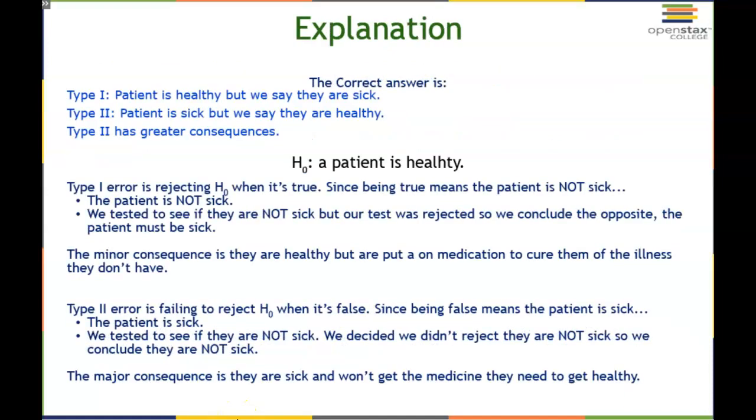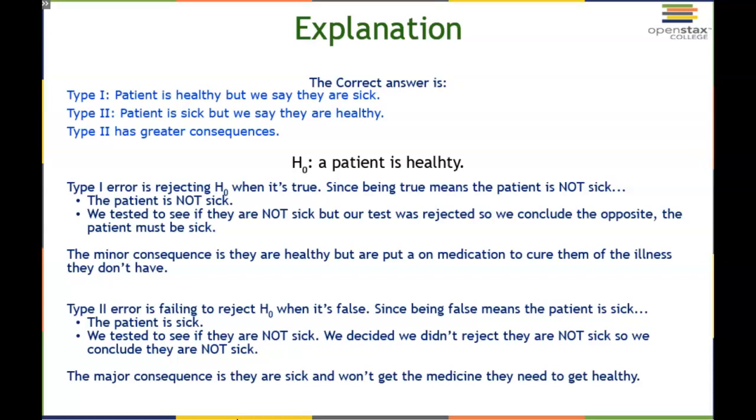Now, I normally don't go over the questions that you work on, but this time I just want to make sure you understand why the correct answer is the correct answer. Our hypothesis is a patient is not sick. In a type 1, we're going to reject this when it's actually true.